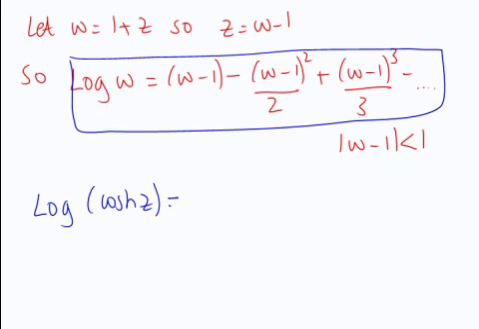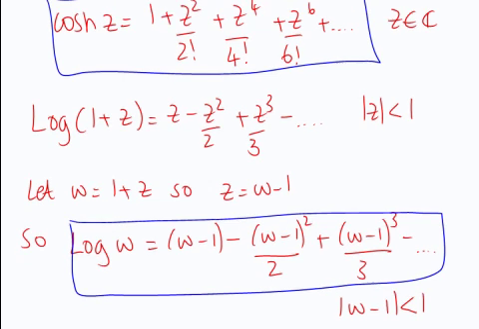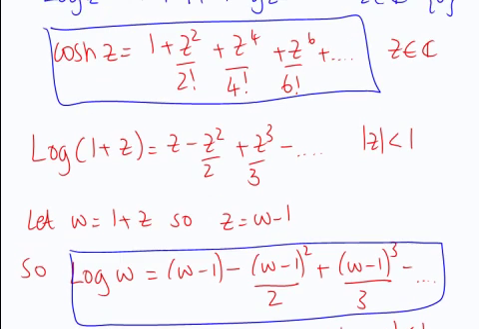I take my boxed result here, and I replace w by cosh of z. So each of my bracketed terms on the right hand side is cosh of z minus 1. And you can see from this box up here what cosh of z minus 1 is. It's z squared over 2 factorial plus z to the 4 over 4 factorial, etc.